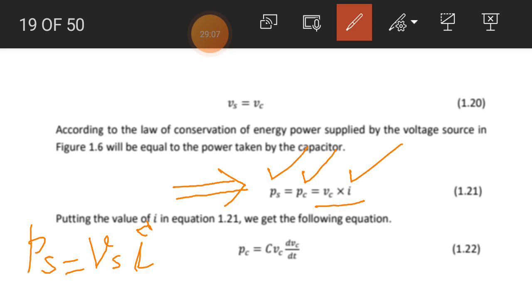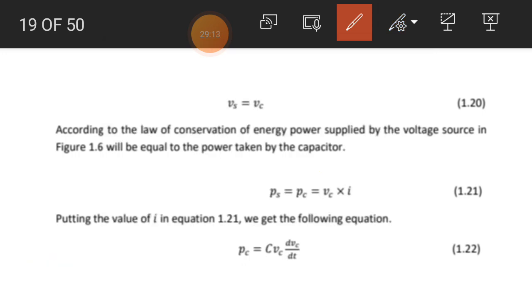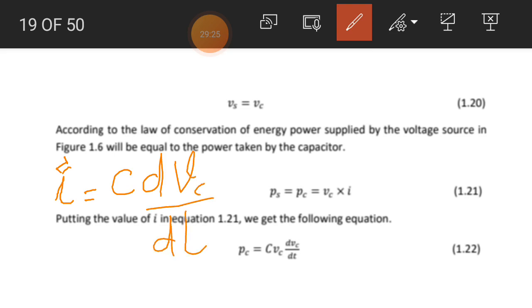So what we do, we know that the current in the capacitor is basically equal to C into dVc by dt. This is how we calculate the current in the capacitor.